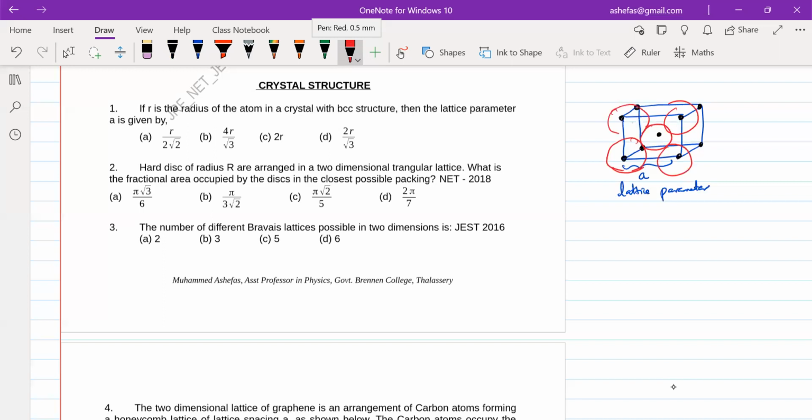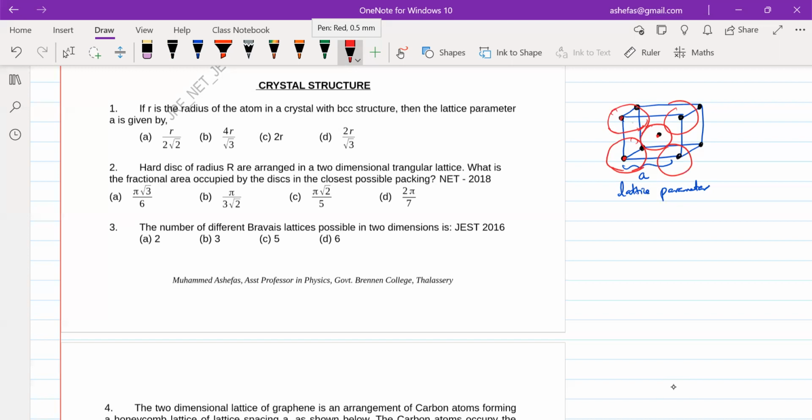Almost the figure would be like this. The atom at the corner and the center would be in contact, and the atoms at the corners may not be in contact. So this would be the pattern of the body centered cubic system.